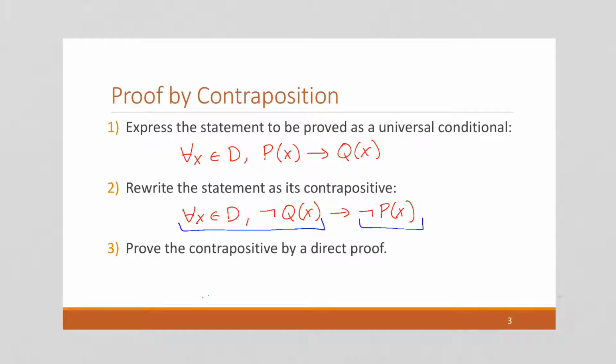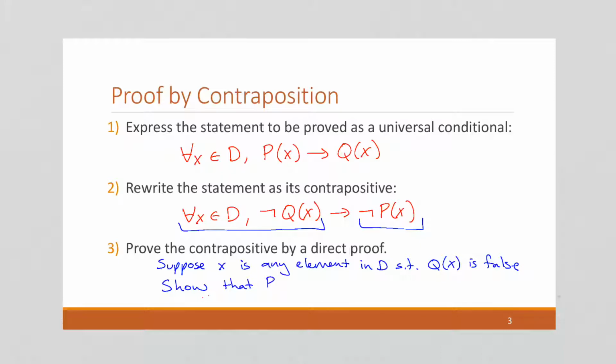So we are going to suppose x is any element in D such that Q of x is false. And we're going to show that that means that P of x is false.